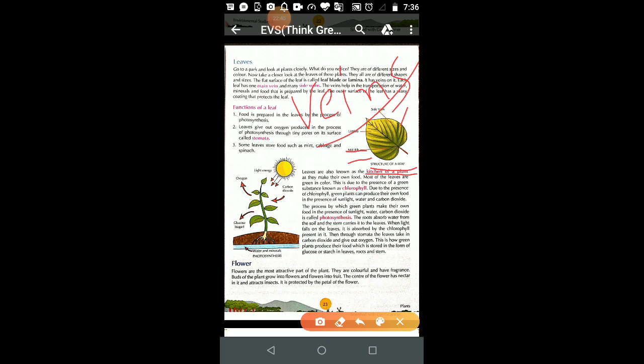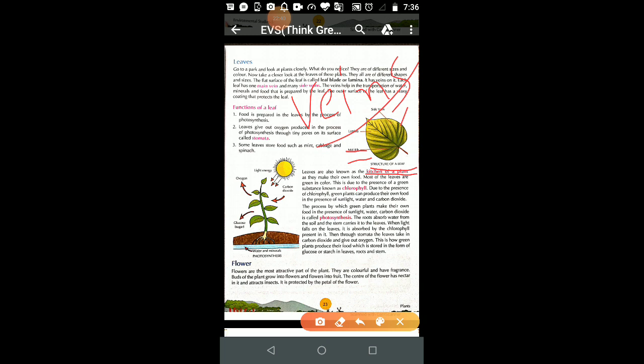So what happens in the stomata? Exchange of gases takes place in stomata. And students, some leaves also store extra food, such as mint and cabbage.